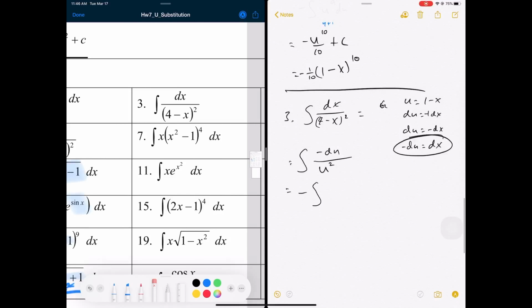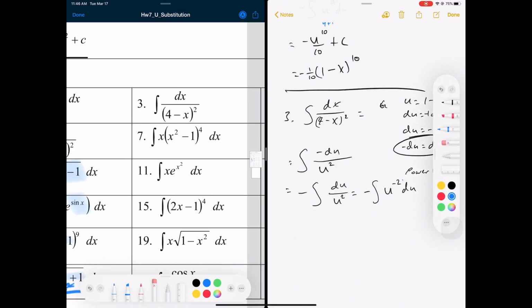Now, when you're looking at integrals with stuff on the denominator, could I write this on top? How can I write things on the denominator and the numerator? How can I change that exponent? u to the negative 2 power. And now this is a power rule problem. So our power rule is we add n plus 1.